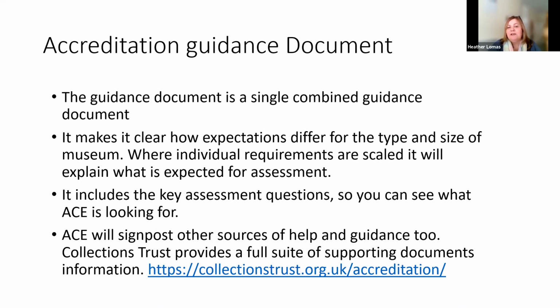It's also really helpfully got the key assessment questions in there so that there are no surprises, you know exactly what Arts Council is looking for, and Arts Council will signpost other sources of help and guidance too, but all of the information and a complete suite of all the supporting documents is available on the Collections Trust website.